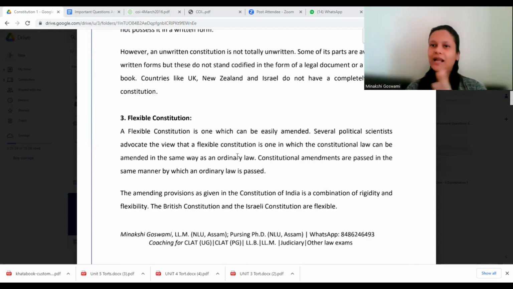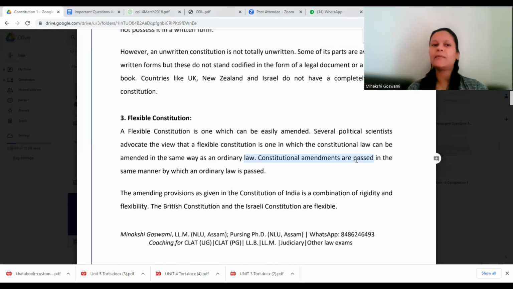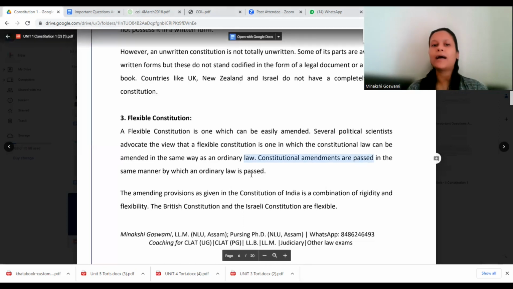So if it's the same as other legislations, then we say that it is a flexible constitution. It's easy to make changes. Constitutional amendments are passed in the same manner by which an ordinary law is passed. It's the same process that is followed.